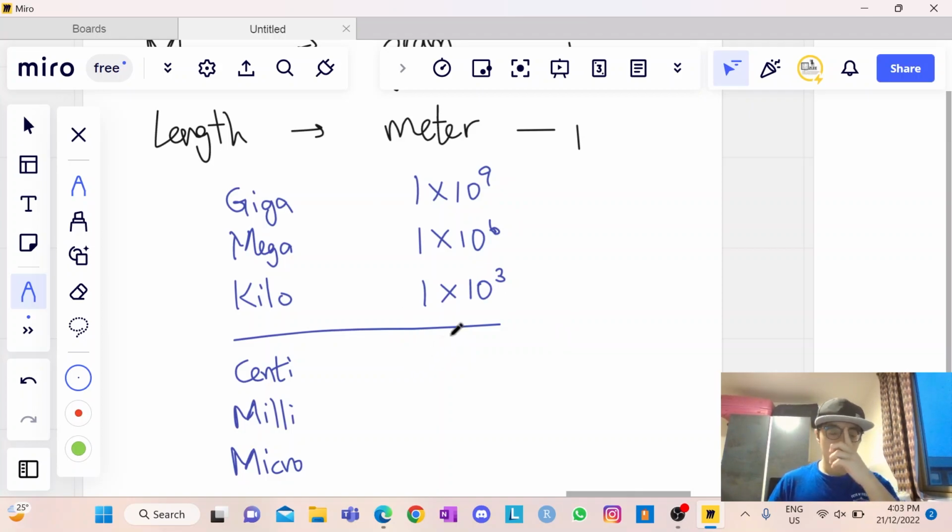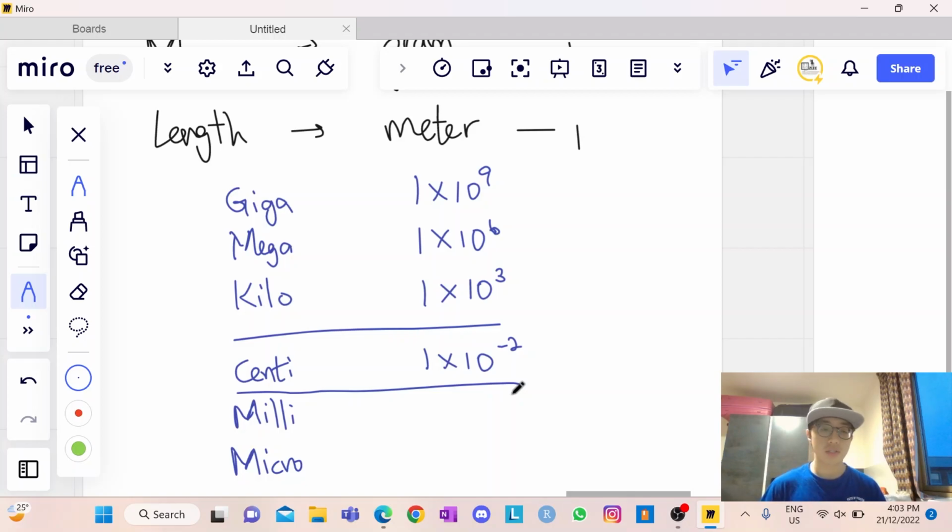So it goes down to centimeter. Centi is a very special one where you can't see the pattern. Centi is 1 times 10 to the power of negative 2, so it's not in terms of threes. This centi is one thing that you need to remember separately.